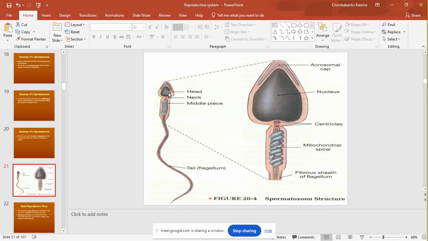You can see this black part is the head of the spermatozoa and will contain the genetic material contribution from the male. And this middle piece is made up of mitochondria, which we said will produce the energy for driving this flagella, which is the tail of the spermatozoa.